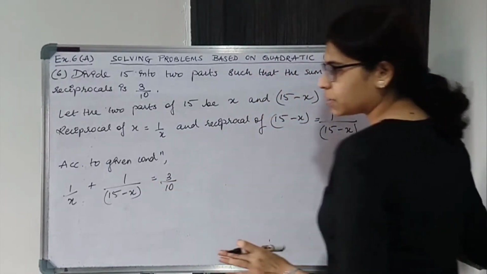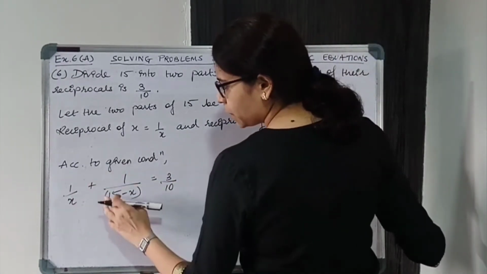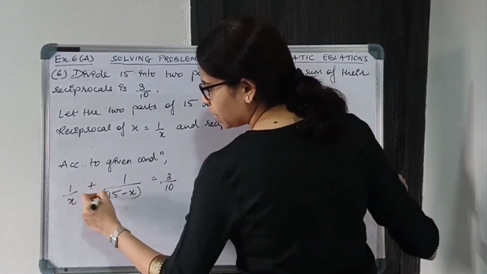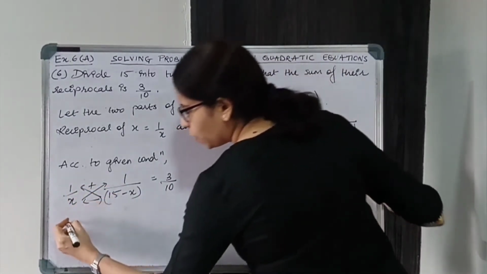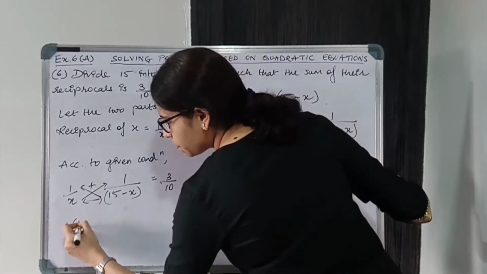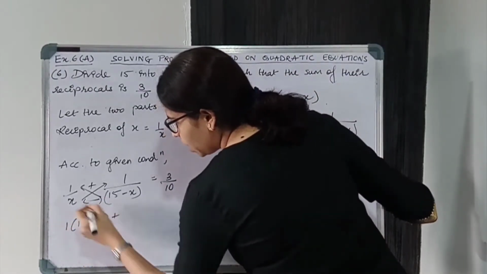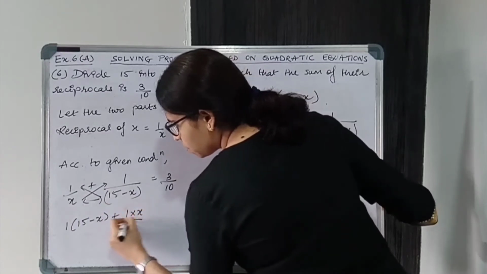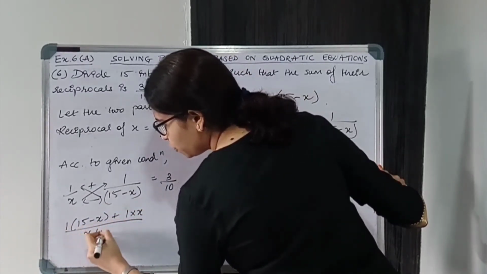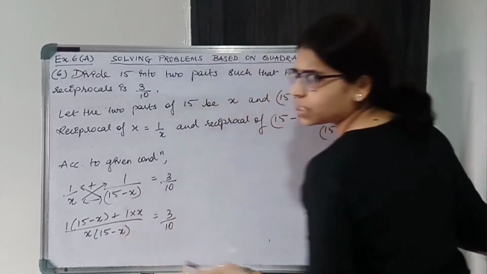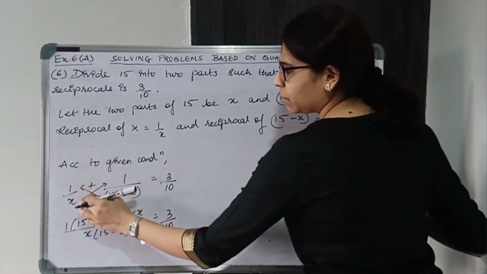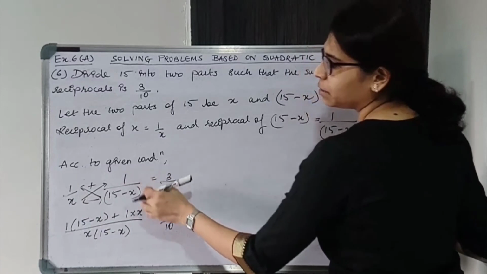Let's solve this first. Okay, let's solve the LHS. So 1 into 15 minus x, plus 1 into x, upon x into 15 minus x, is equal to 3 by 10. You can also take LCM. Here I multiplied by 15 minus x, here I multiplied by x.